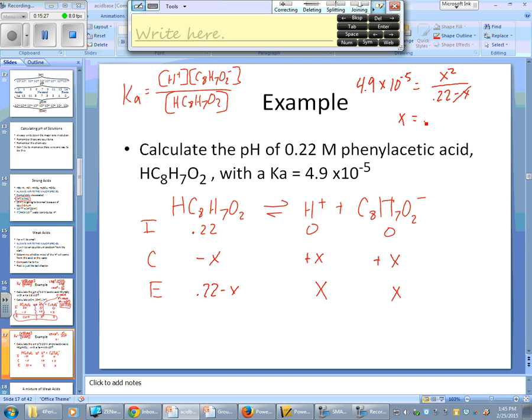Solve for x, and I get 0.0033 molar. And since x is my equilibrium concentration of those hydrogen ions, I can just take the negative log of that, and I'll get my pH of 2.48. Again, I left it as 2 sig figs, 2 after the decimal, because I had these 2 sig figs here.